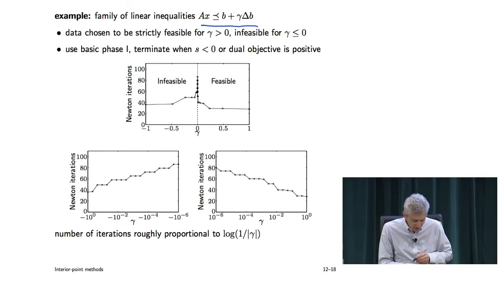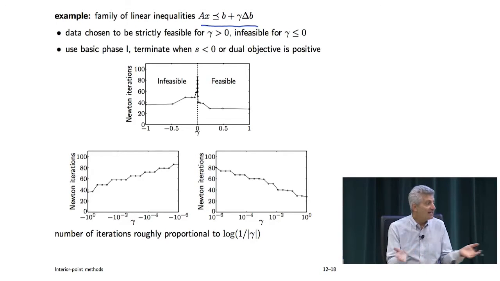So what happens? It turns out it's extremely difficult to create a problem that will actually be hard for a phase one to determine feasibility or infeasibility. Anything that comes up in practice will work just fine. It'll be 10, 20 steps, it'll be all over.